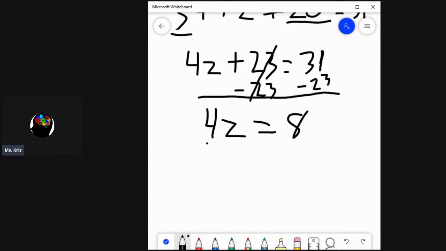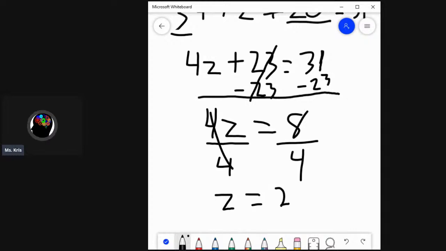Good job. So now I'm going to divide by 4 on both sides. And 4's cancel. That leaves me with z. And 8 divided by 4, that gives me 2. I'm going to do one more intermediate, and I'm going to do another advanced, and then we are going to move on to the next section.